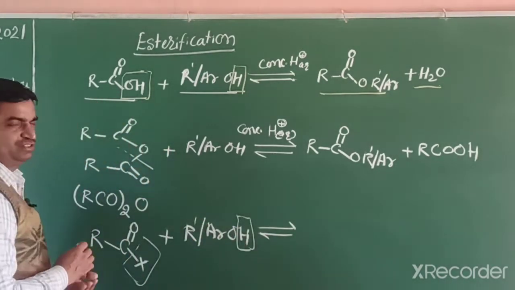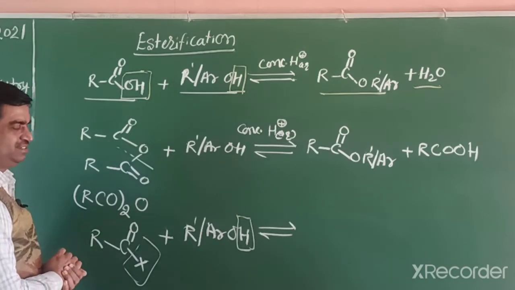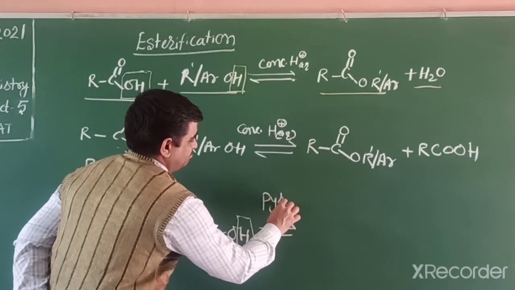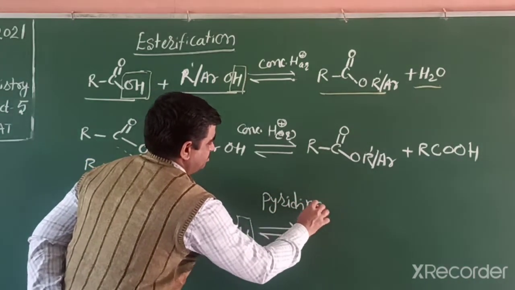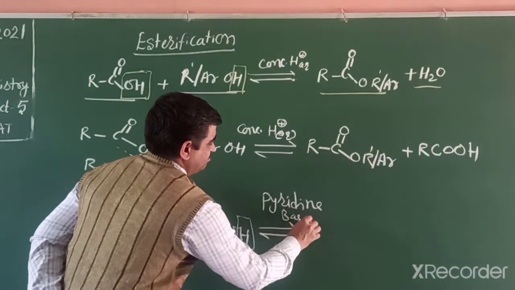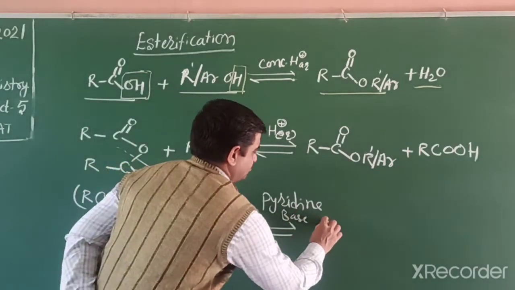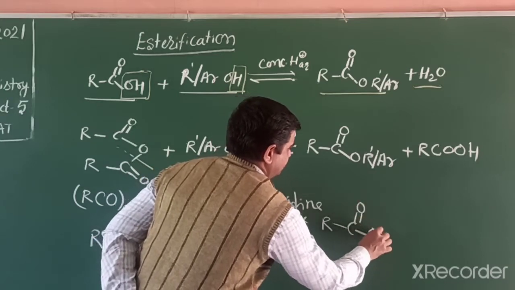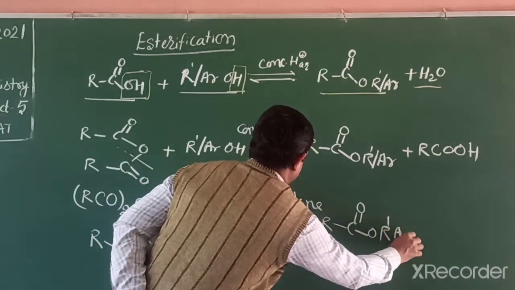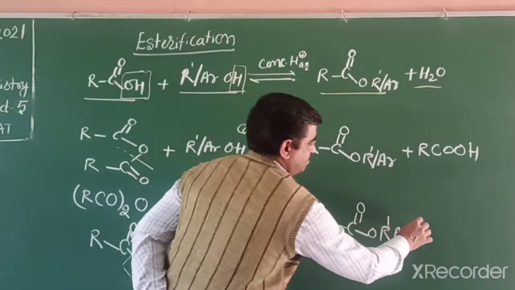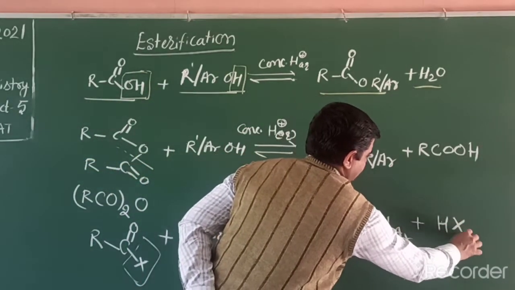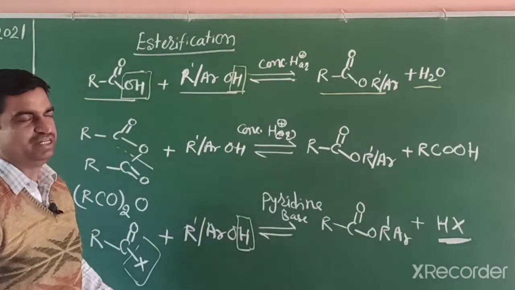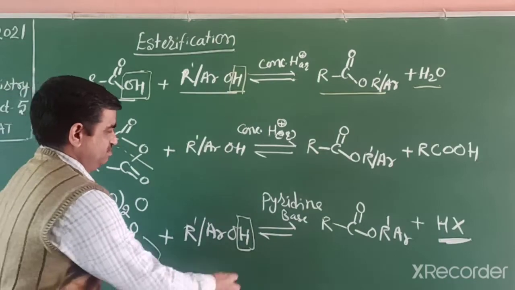Removal of HX, a hydrogen halide, that is an acid, so the medium requires pyridine, a base, and the product is ester plus HX. To remove this hydrogen halide, we need a base.